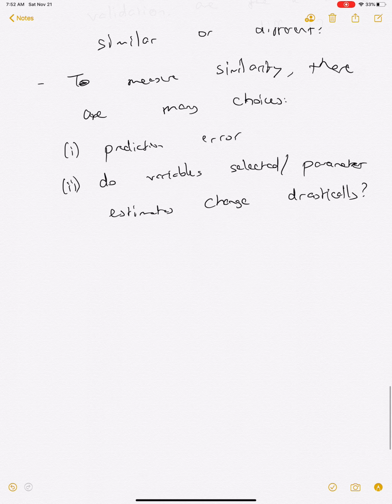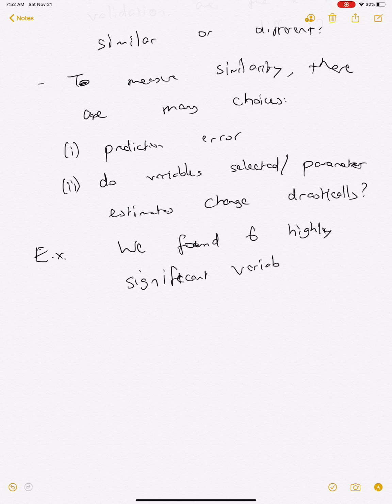For example, we found 6 highly significant variables using the GLM.